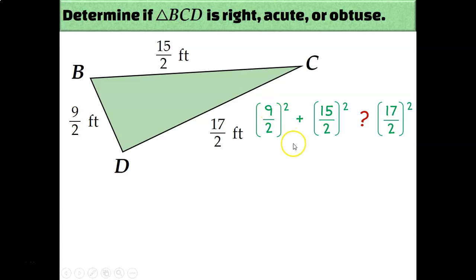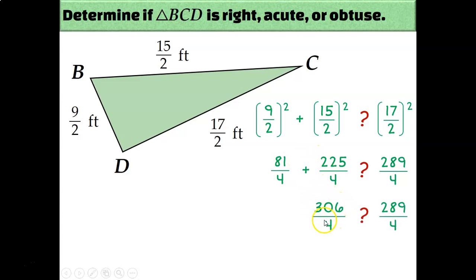You can do this in a calculator, or really you could probably do this in your head, because if you're squaring a fraction, it's the same thing as squaring the numerator and squaring the denominator. So I would have 9 squared over 2 squared, in other words 81 over 4. And then same thing here with 15 squared over 2 squared, that's 225 over 4, and 289 over 4. So again, I end up with all of the same denominators, which means combining like terms here is pretty simple.